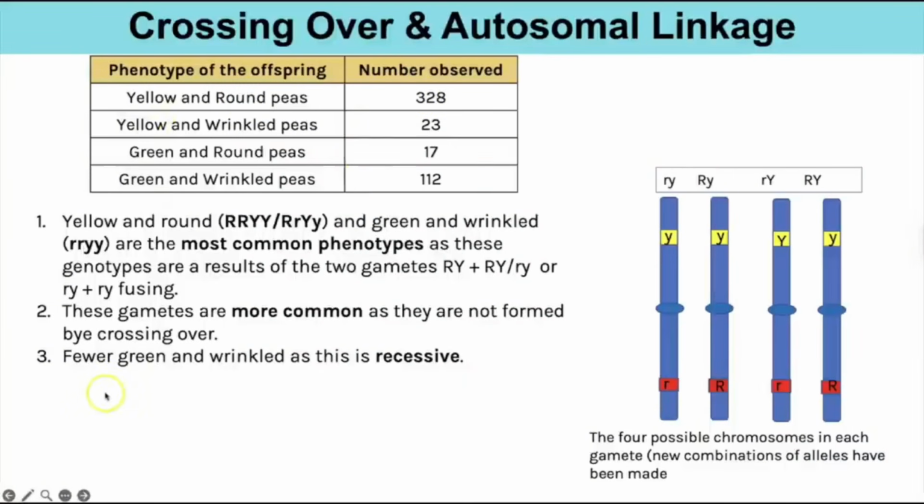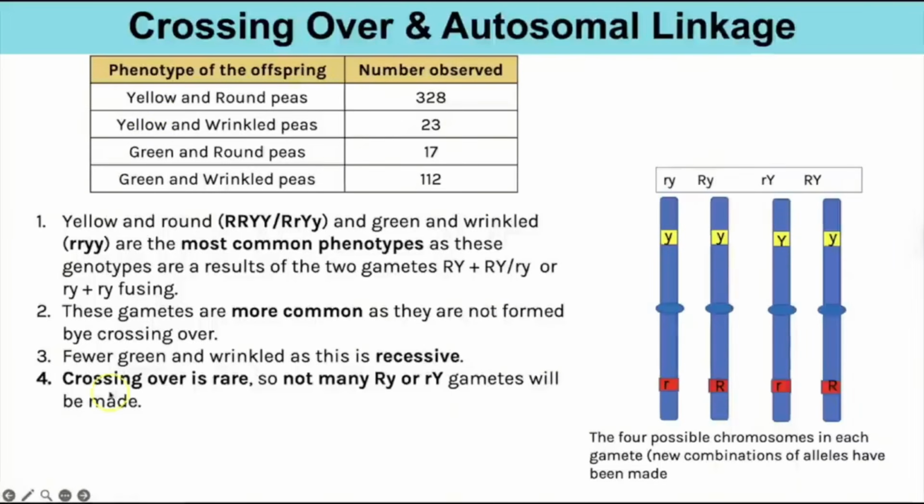The 2 phenotypes in the middle of the table are not as common, and that's because crossing over is rare. So we don't make very many of these 2 gametes. And that then means we don't get very many of these genotypes, which code for those phenotypes.